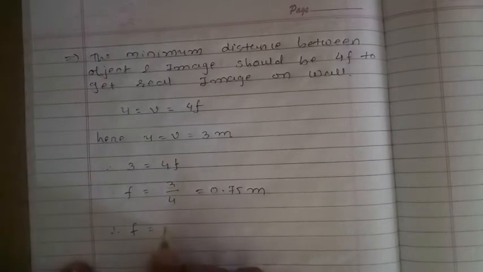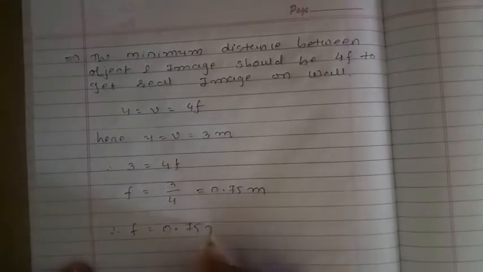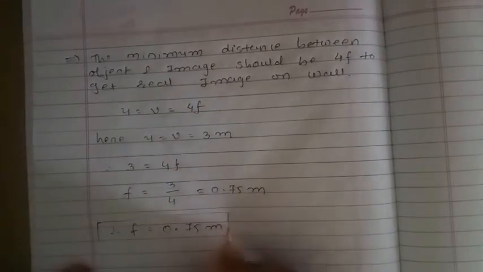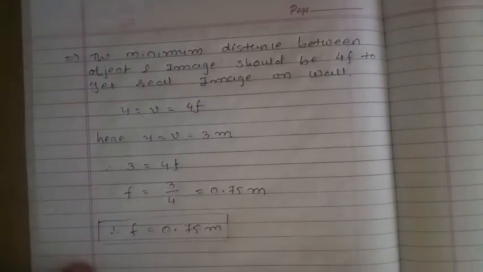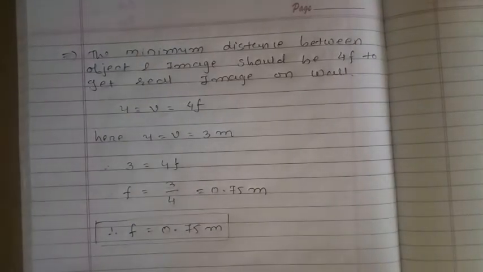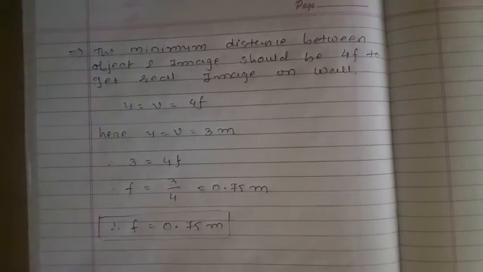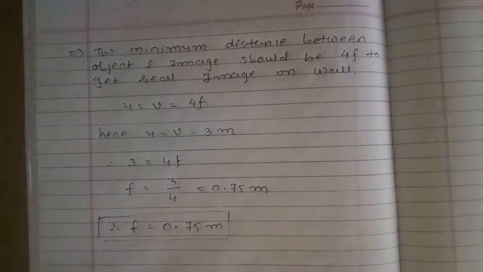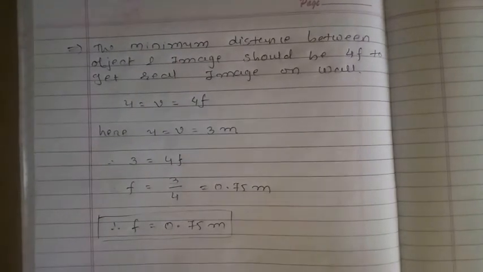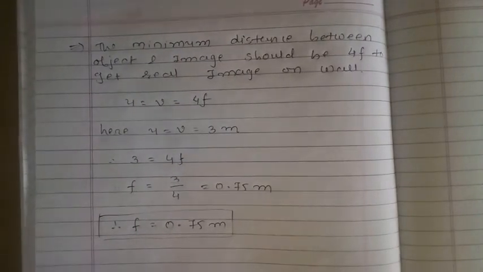So our required focal length is 0.75 meter. Or if you have to write in centimeter, then you know the conversion: 1 meter is equal to 100 centimeter. So the answer is 0.75 meter or 75 centimeter, right? So this is a very easy question which will be asked in your MCQ section.